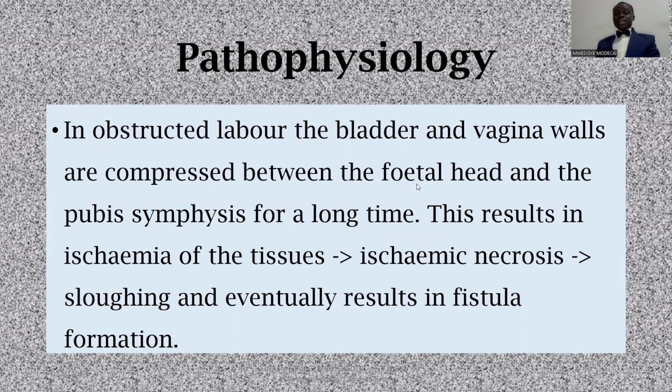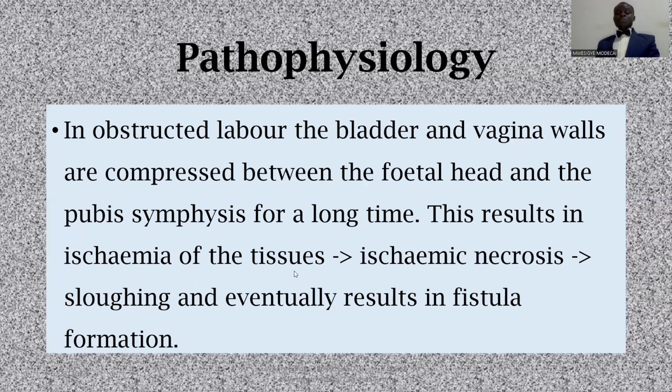In the case of a cephalic presentation, pressure is exerted on the bladder, the vagina and the pubic symphysis for a long time. This results in ischemia, that is, a cut-off of blood supply to the tissues.